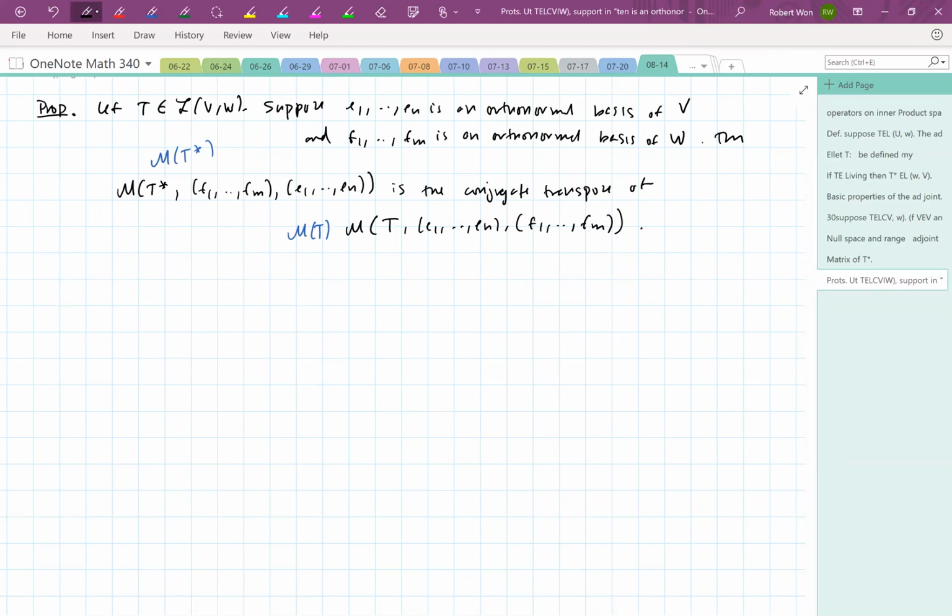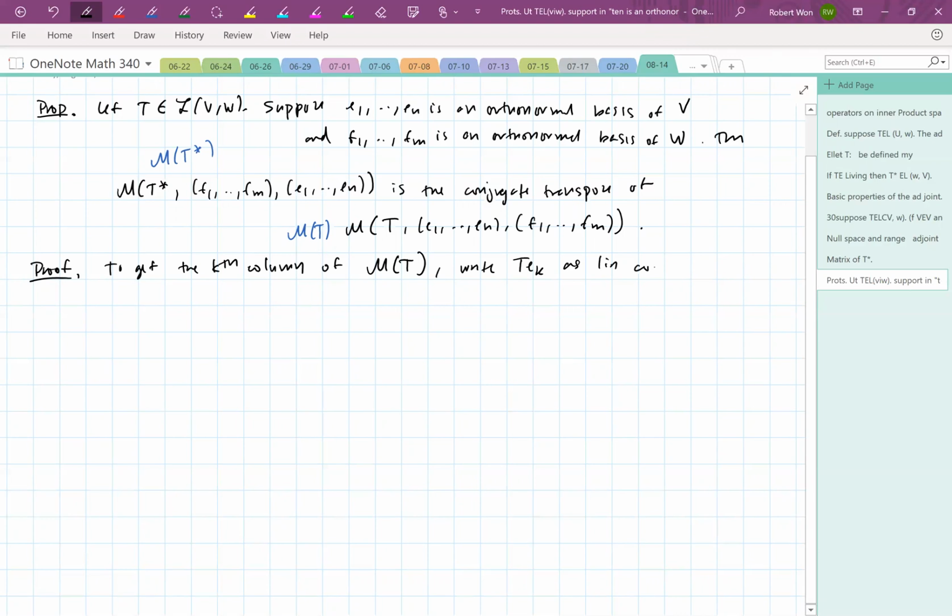Okay, and I like saying this is just a computation. So here's the proof. The idea is to get the kth column of the matrix of T. What do you do? You look at T of Ek and you write it as a linear combination of the Fj's.